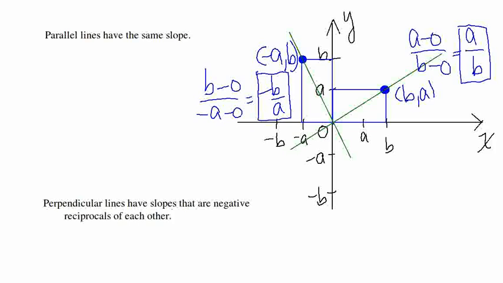Another way of saying the same thing is the product of their slopes is minus 1. Multiply the two slopes that I've put in boxes and convince yourself that the product of those two slopes is minus 1. Now, let's put this information to use.